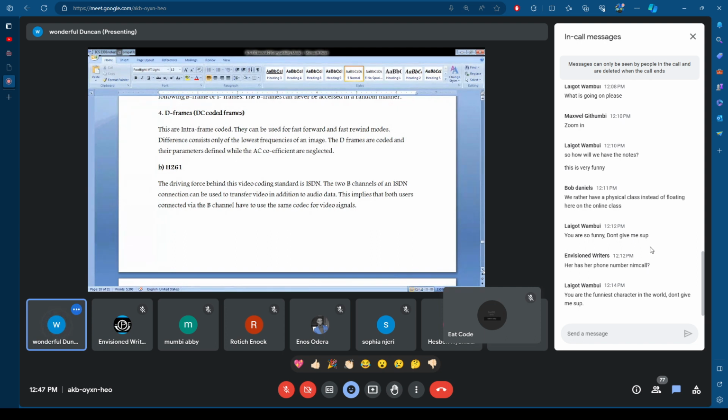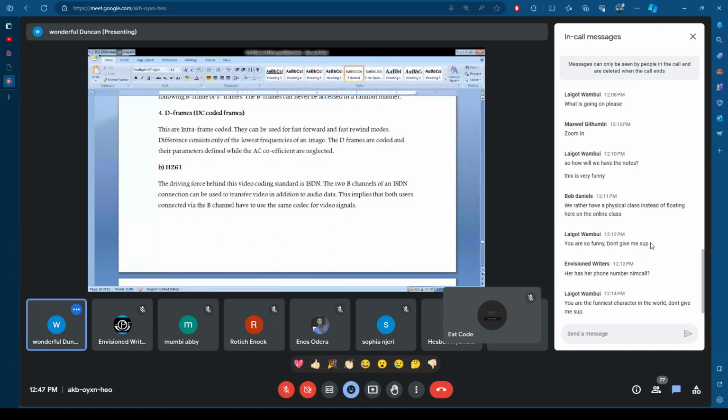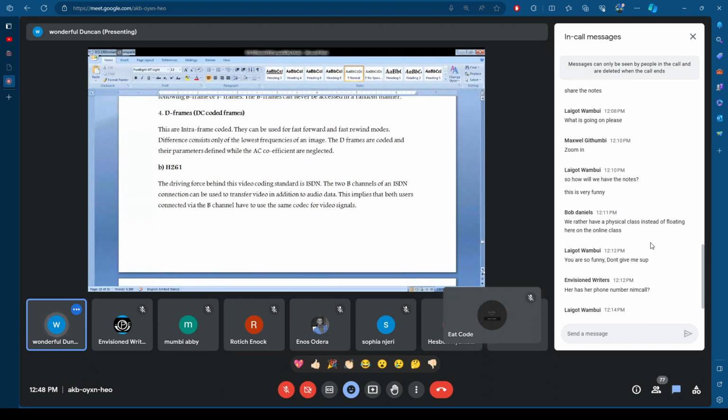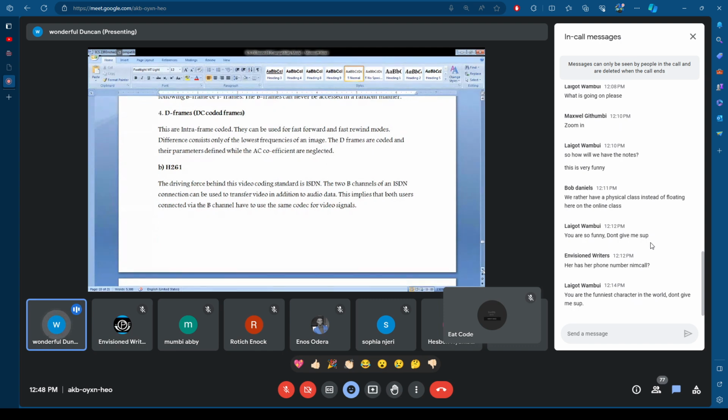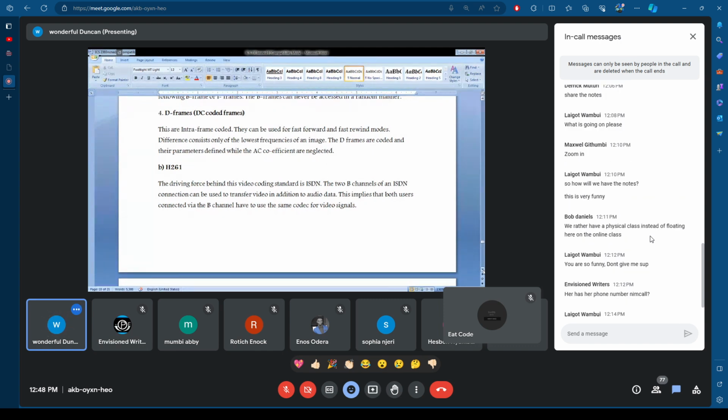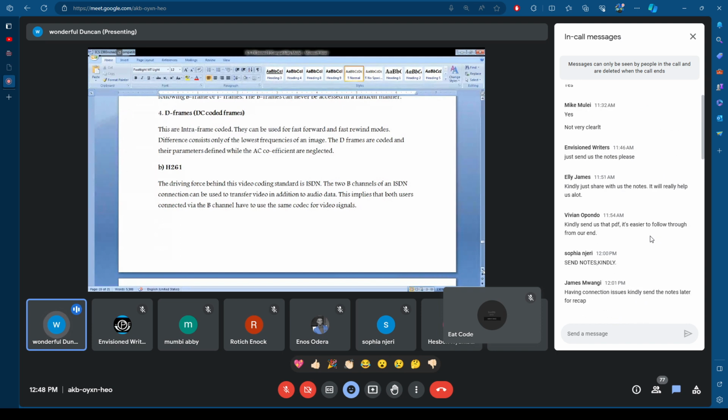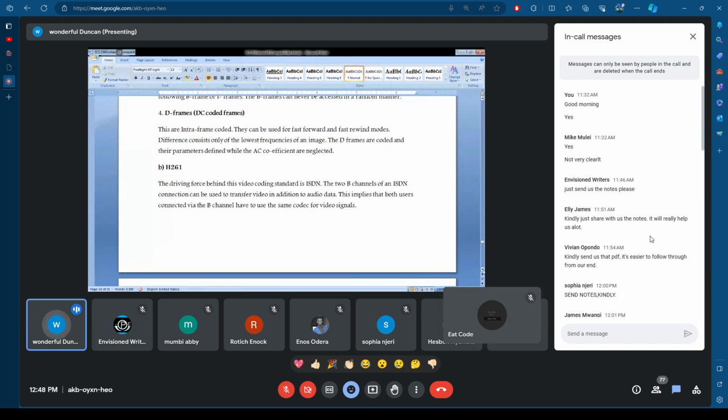This implies that both users connected via the B channel have to use the same codec for video signals.